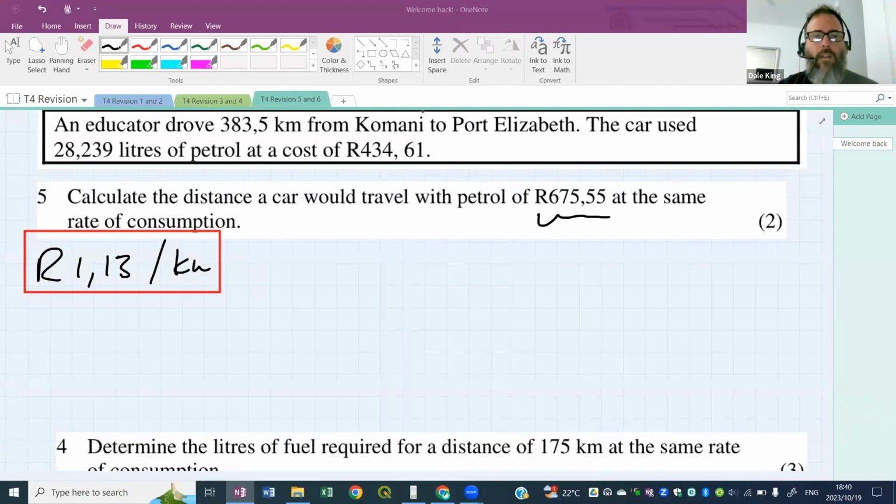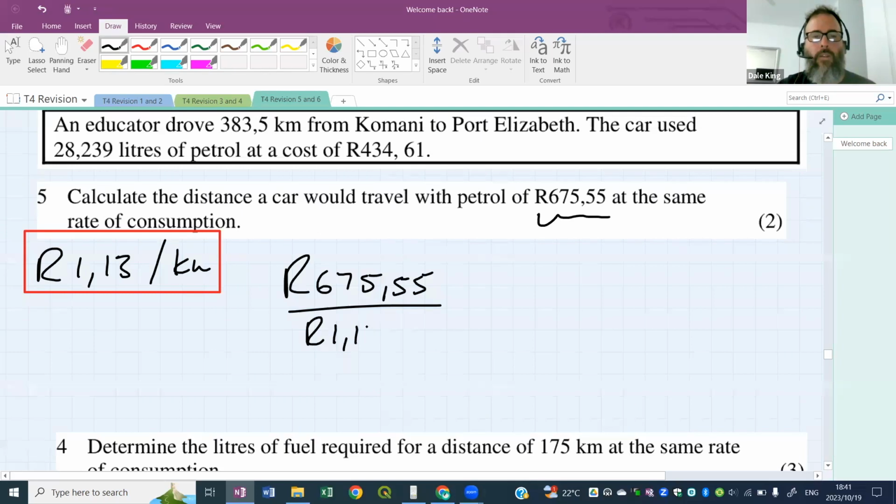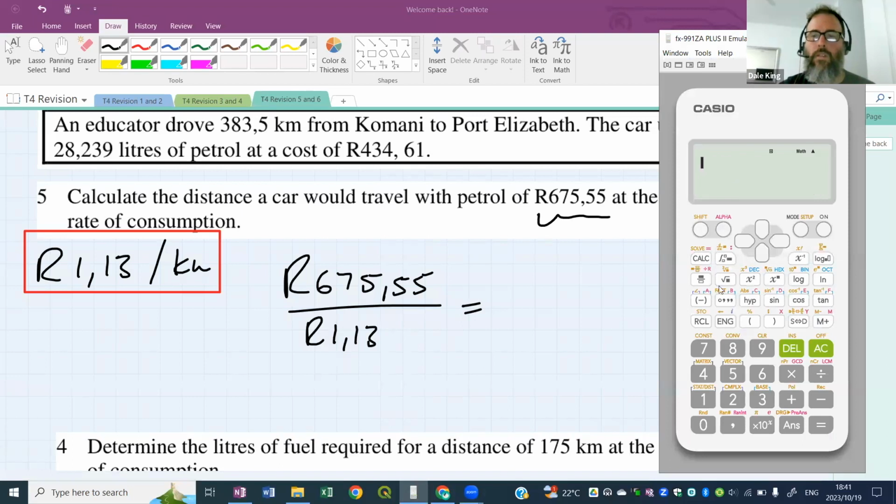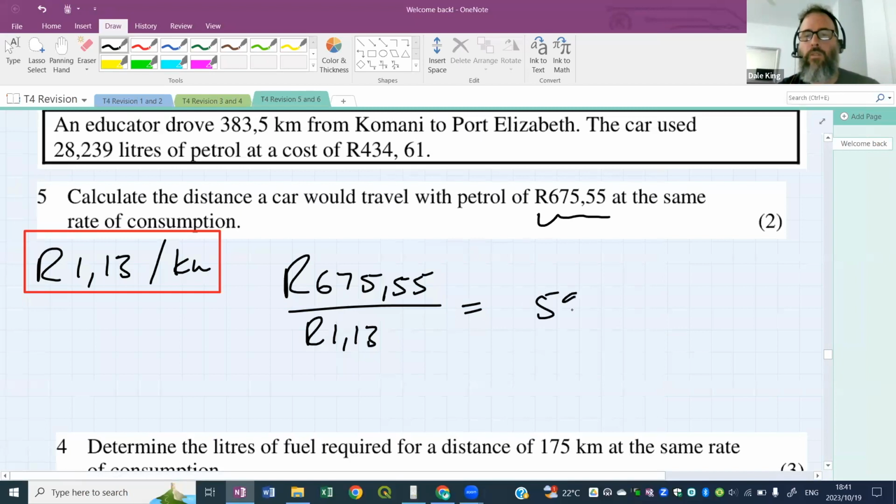So I'm going to cut my 675 rand 55 up into 1 rand 13 pieces. 675.55 divided by 1.13 gives me 597.83185.